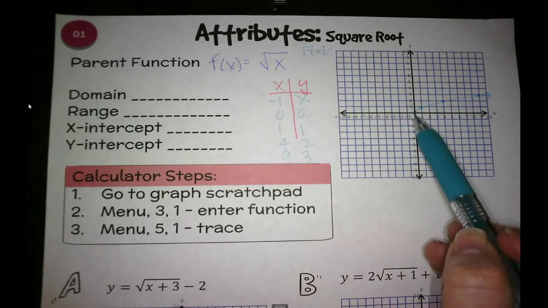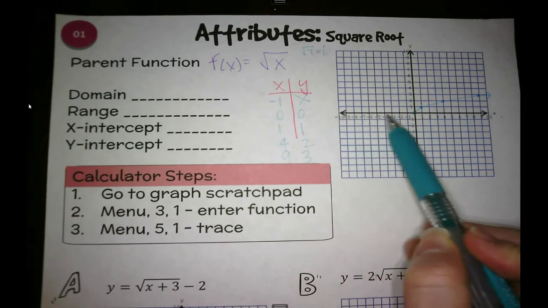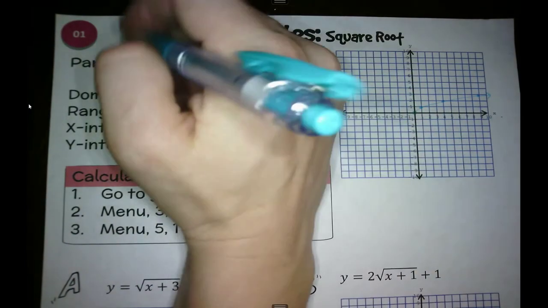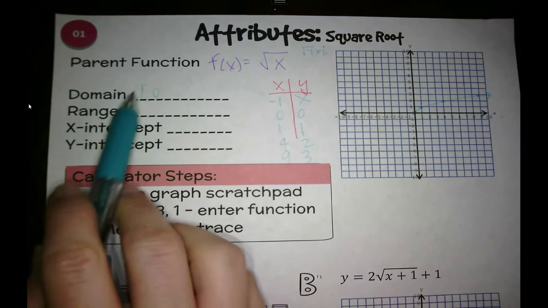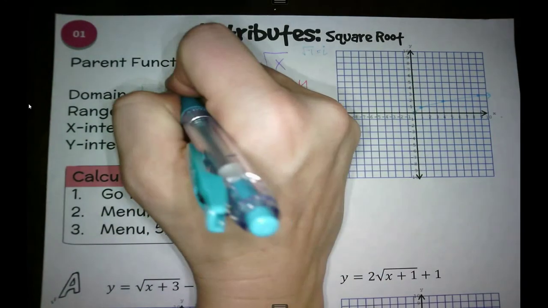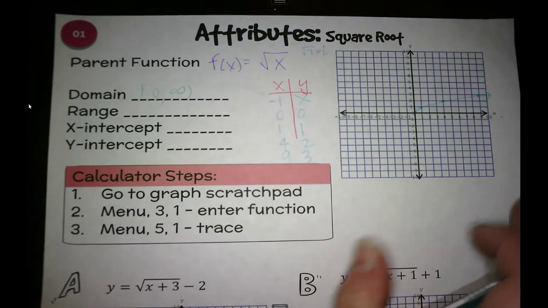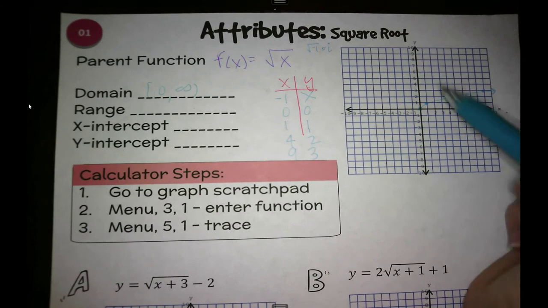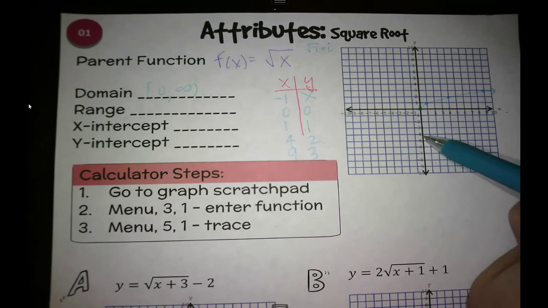So what is our domain? Remember, we're looking at x's from left to right. Well, our x's start here at 0, and that is on the graph, so I'm going to use a bracket, and it goes with an arrow all the way to infinity. Let's look at the range. We're looking at y's from bottom to top. We're looking for the bottommost value.